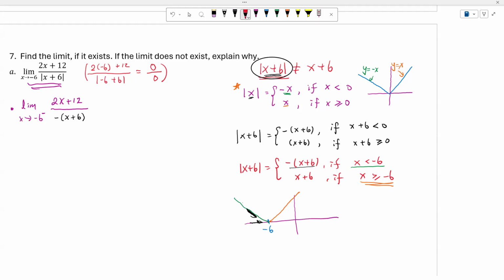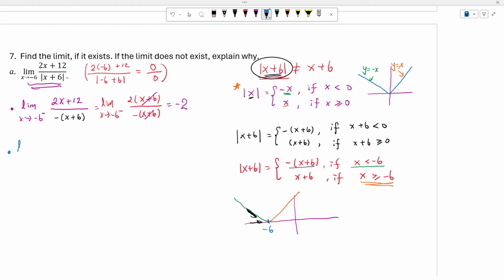Once I replace it, I will be able to evaluate the limit. Then you will see that this one and this one cancel, so my answer will be negative 2.